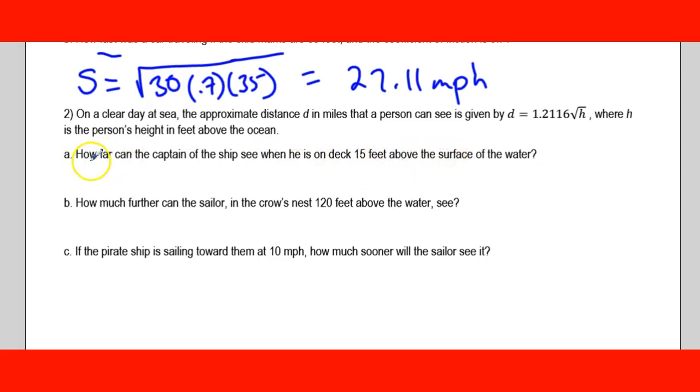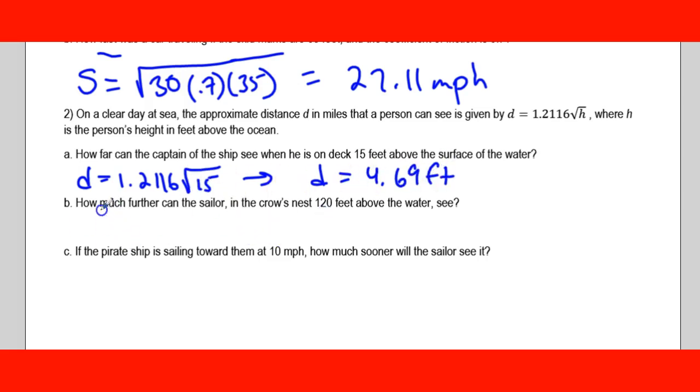We go D equals 1.2116 times the square root of 15, because the height is 15. When we do that, we get D equals 4.69 feet. Again, I just put that in my calculator, guys.